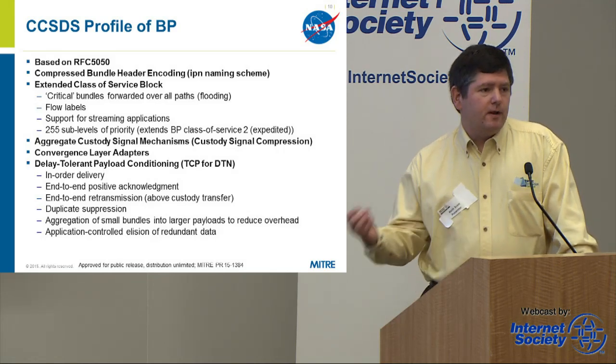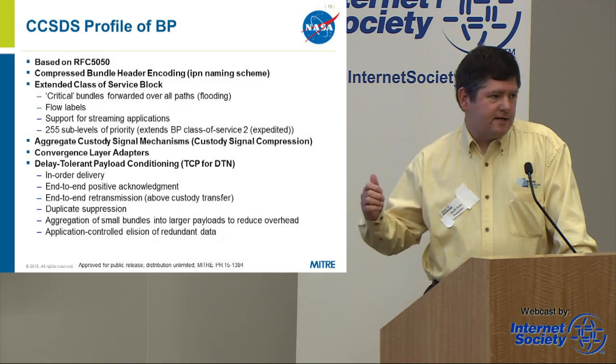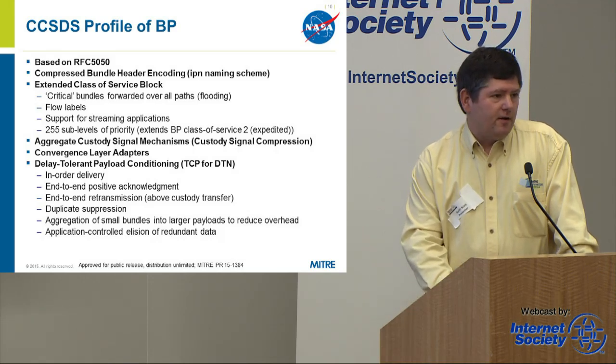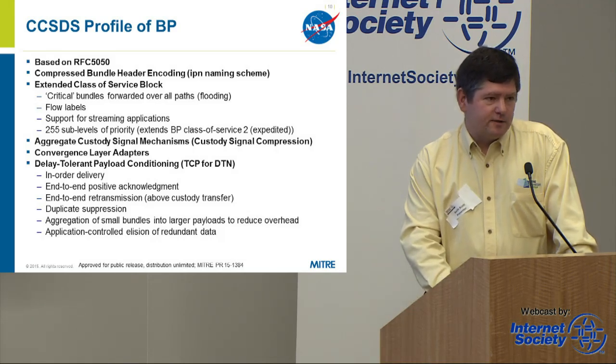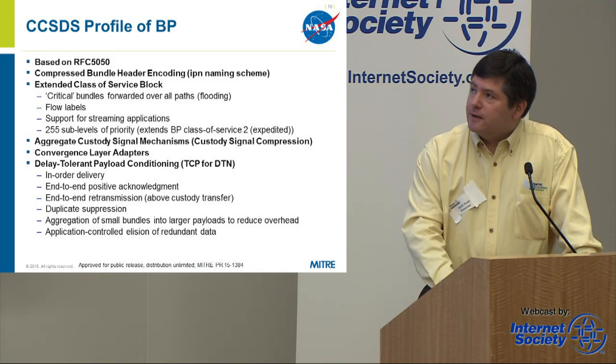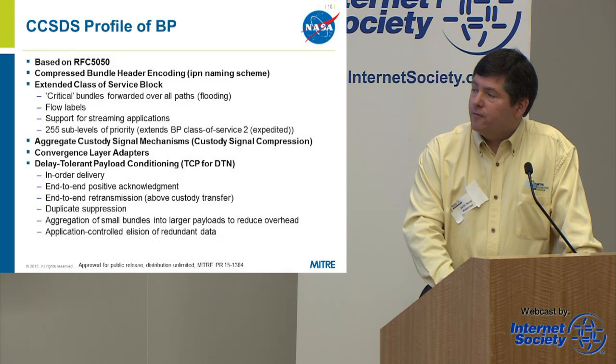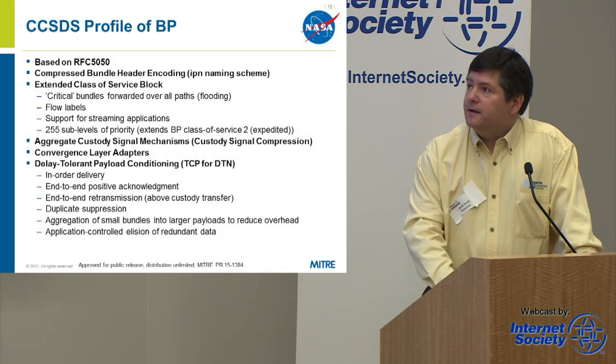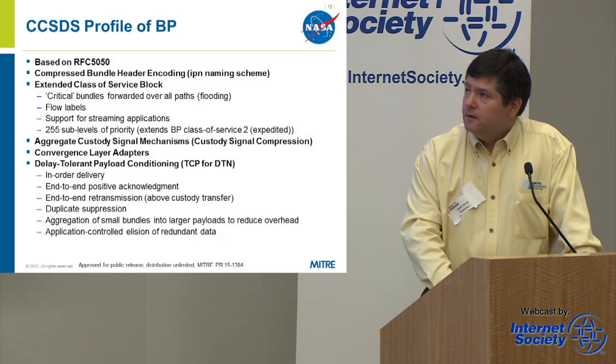And if you're trying to send reliable data down and getting these custody acknowledgements come back, then all of a sudden those custody acknowledgements start to look pretty big at 108 bits per second. So aggregate custody signaling was developed to solve that problem, and we pulled that in as part of the specification.